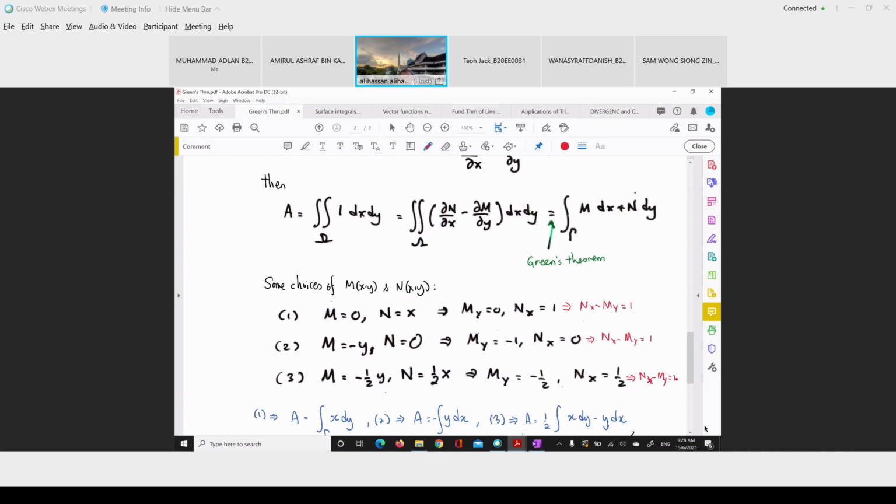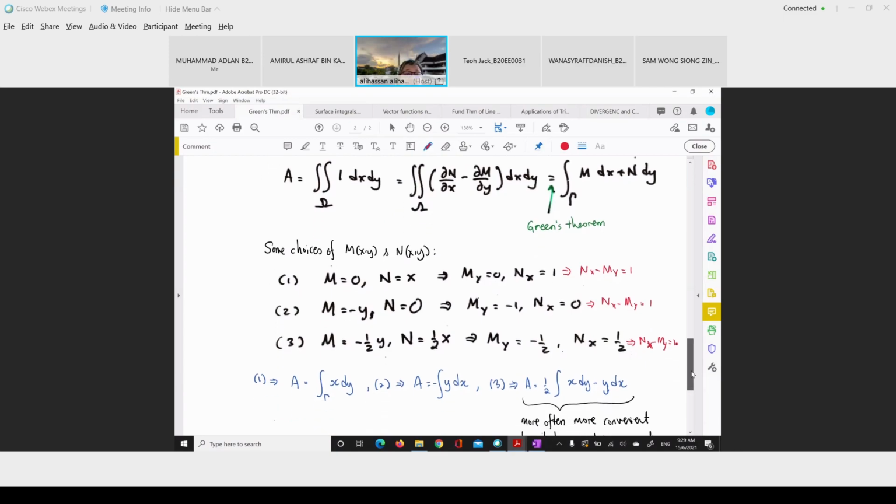There are many ways of choosing M and N. The first choice shows that the area is equal to the line integral of x dy. The second choice implies that the area is equal to minus the line integral of y dx. The third choice leads to the formula A equals 1/2 the integral of x dy minus y dx.